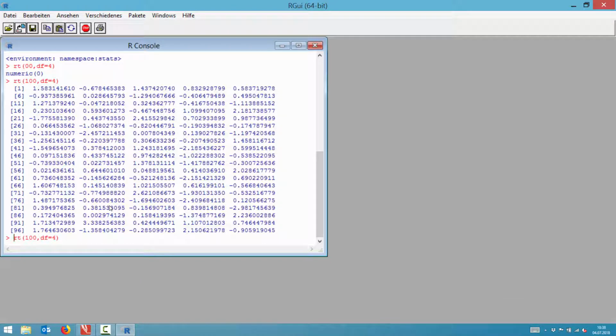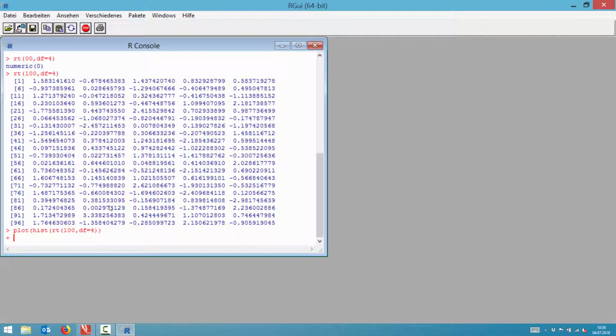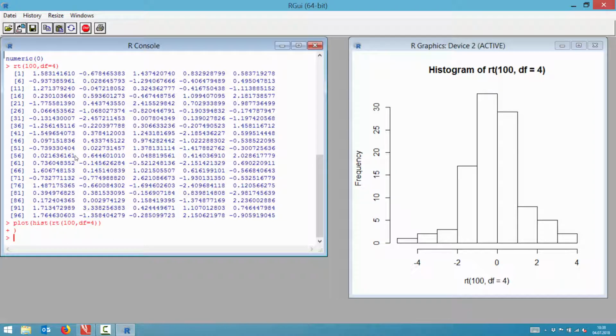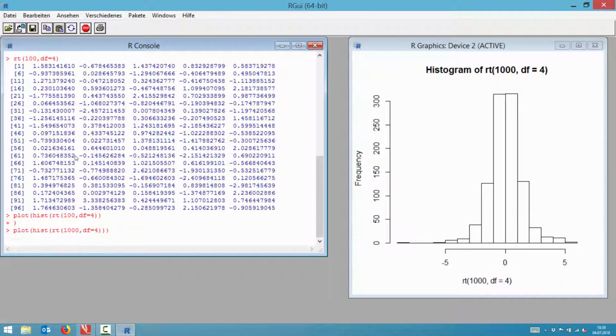Let's plot this. I'm now using a histogram. This is what we get for 100 numbers. As you probably know, this does not yet look like a student T distribution because I think, if I'm not very much mistaken, it's symmetrical around 0.